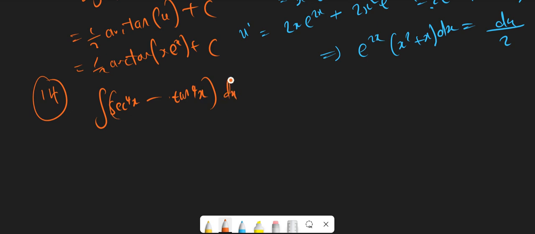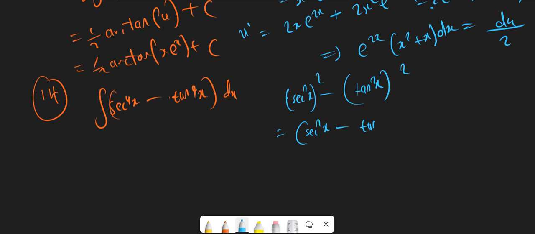This integral may be a bit tricky, but we can use difference of squares for it. Notice that we can write this as (secant squared x) squared minus (tan squared x) squared. So we have (secant squared x minus tan squared x) times (secant squared x plus tan squared x).